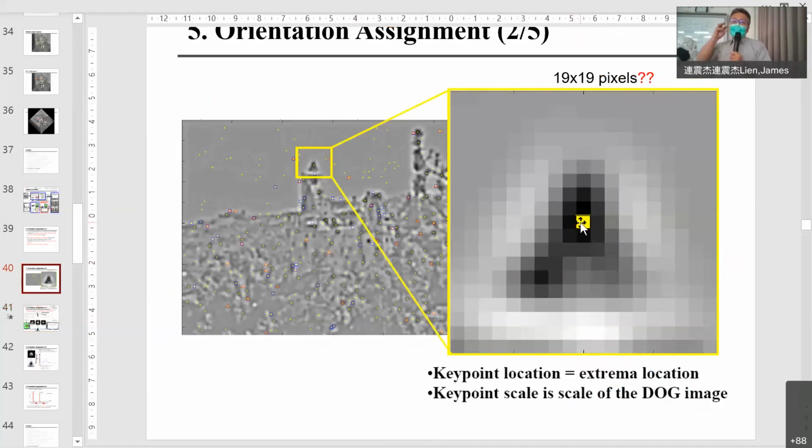So the center position is important because the original corner is here. The neighbors decay. So the neighbors far away from the center are not so important. Close to the center is important.